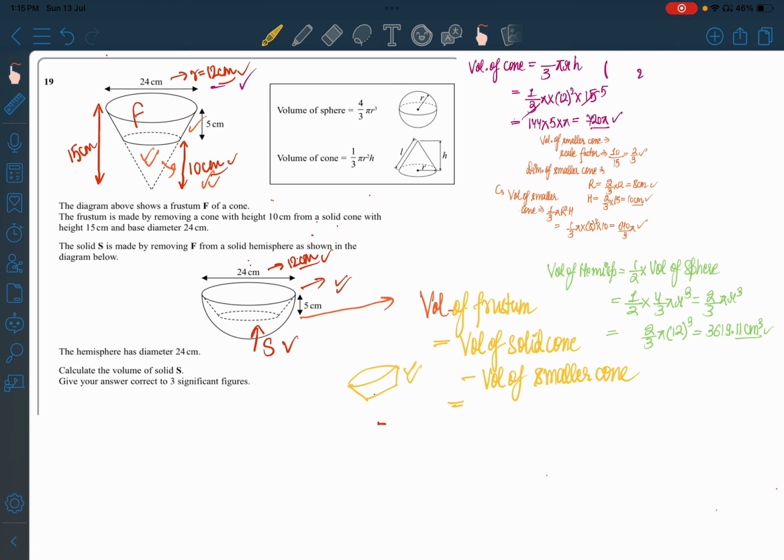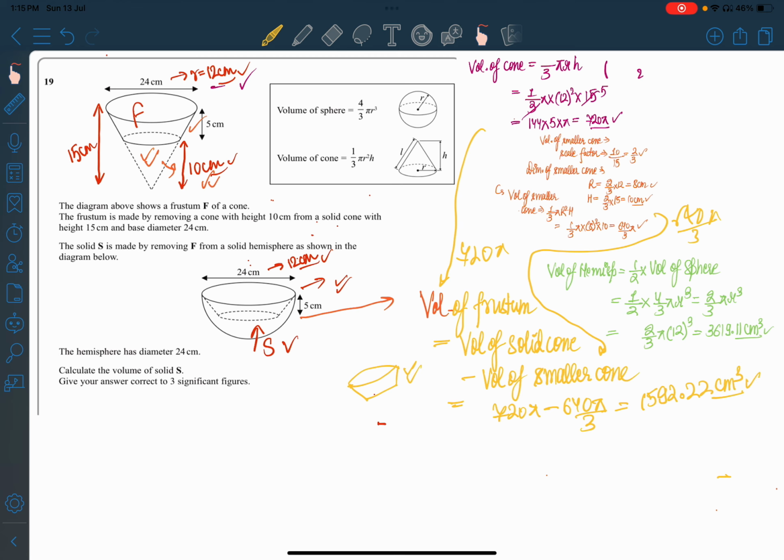The volume of the solid cone we have found is 720 pi, and the volume of the smaller cone is 640 upon 3 pi. So 720 pi minus 640 pi upon 3. After calculating, we will get 1592.22. This is also a volume, so the units will be centimeter cube.